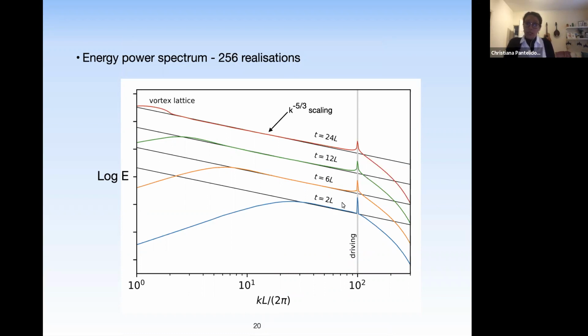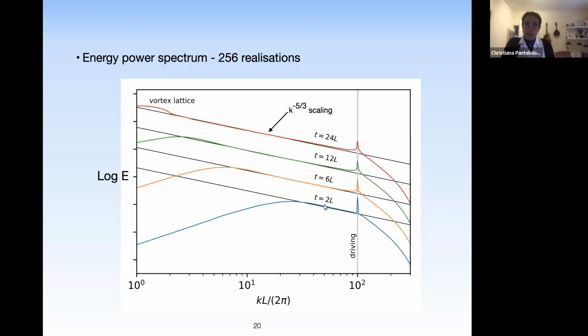Okay, and here I'm plotting this power spectrum for 4 different values of the time. In all 4 of them, we see that there is a peak here at the driving scale. This is natural. This is where we are doing work into the system.